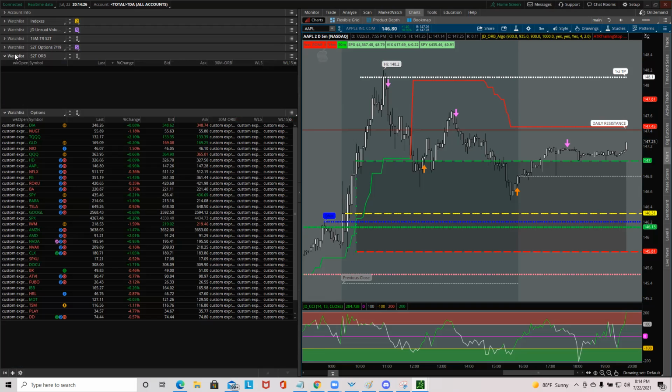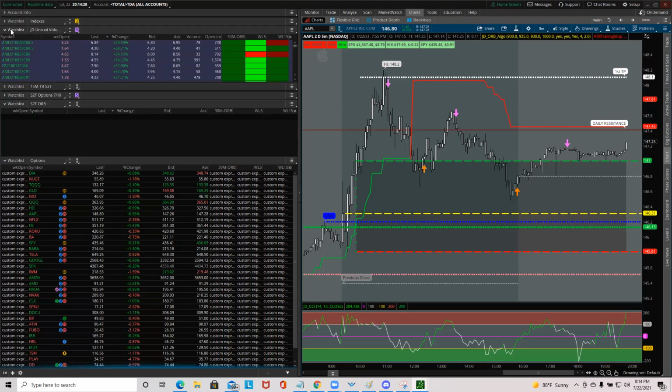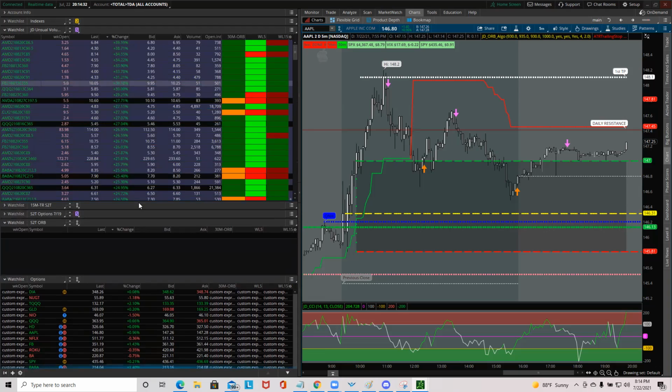I also track the unusual activity inside the contract or the underlying. Even though we have a particular contract that we want to trade, I also track the activity in every single contract that meets my criteria for the scanner, in this particular unusual activity scanner, which is very powerful.